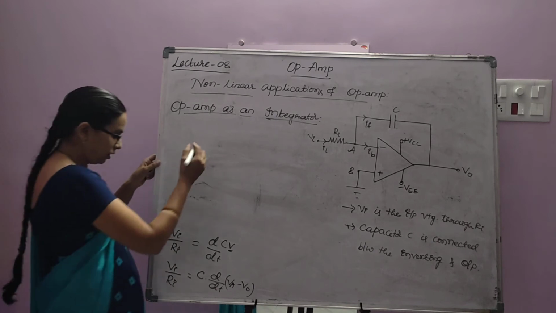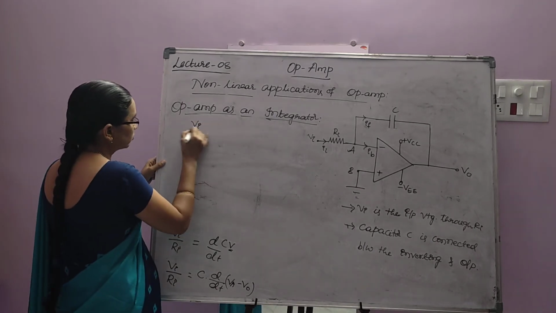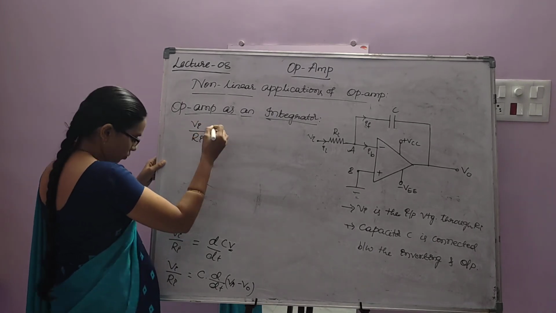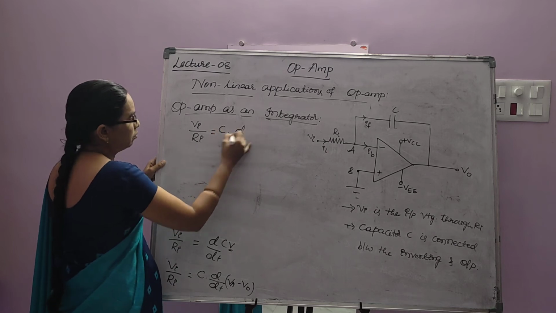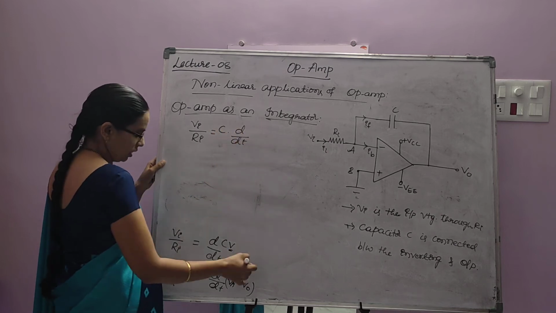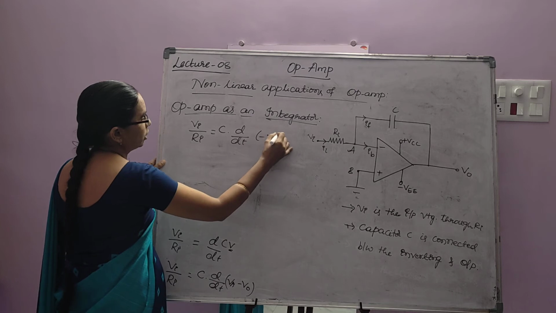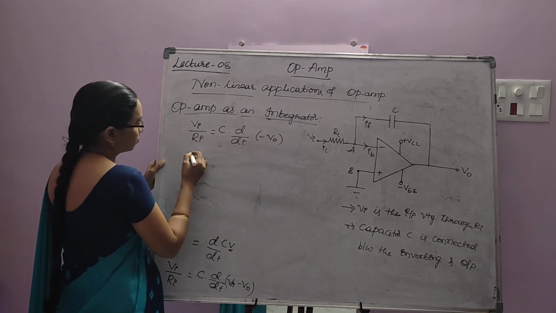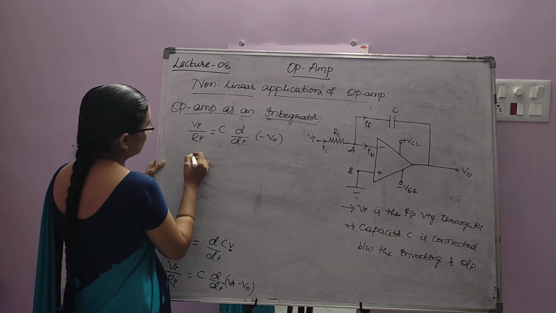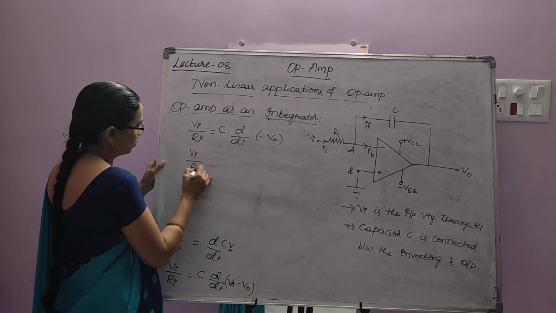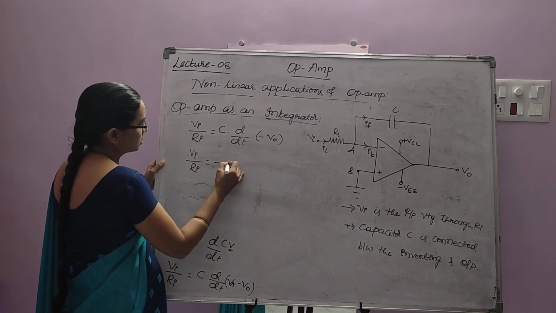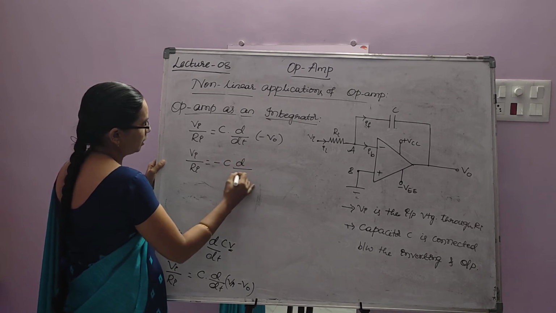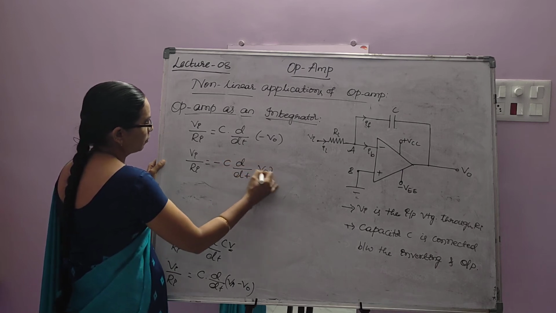So Vi by Ri is equal to C into d by dt of (0 minus V naught), that is, minus C d by dt of V naught.